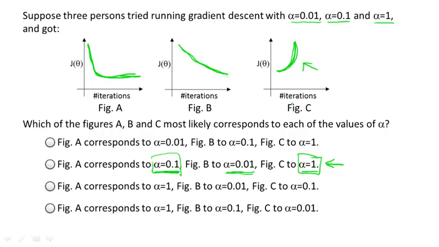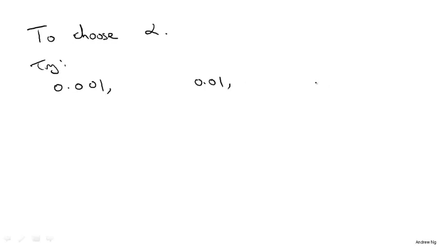Finally, I want to talk about how you would go about setting the learning rate parameter alpha. Now we know what happens if alpha is too small or too large. In order to choose a learning rate alpha, one thing I often do is pick a range of values of alpha to search on an exponential scale. So I try alpha equals 0.001. I might then try alpha equals 0.01, a factor of 10 larger, then alpha equals 0.1, alpha equals 1, and so on, and even values smaller and larger than these.